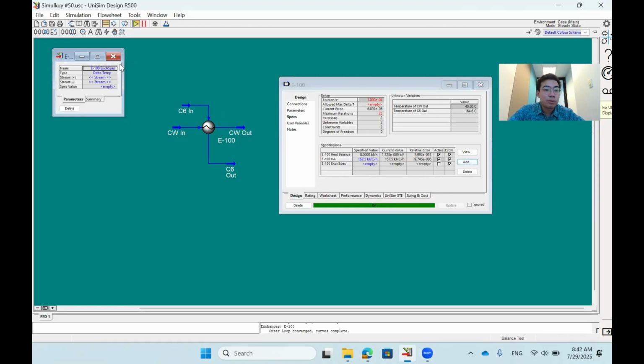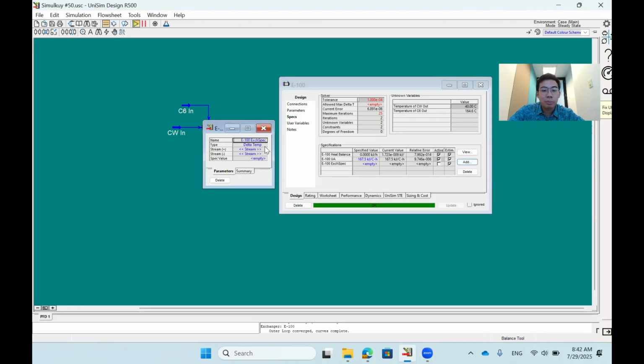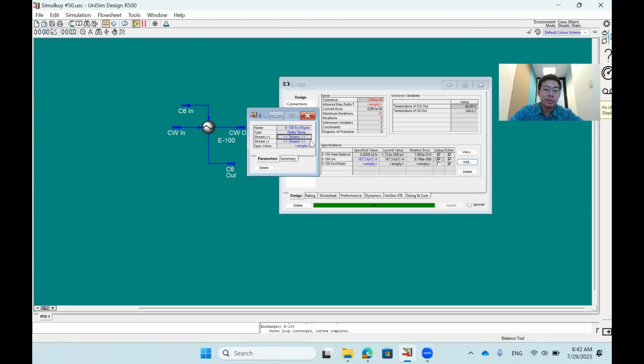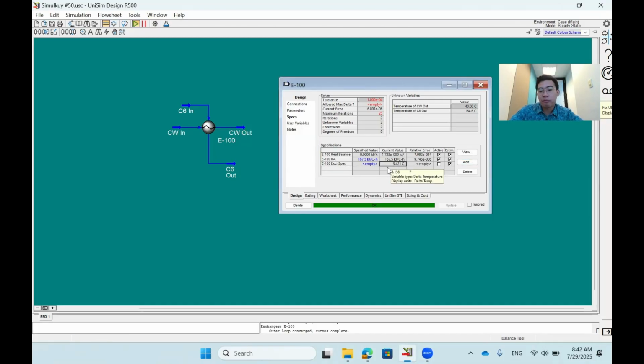Let's see, for example, the delta temperature. The positive stream is C6 in, and the negative is C6 out. So what does it mean? C6 in minus C6 out. C6 in is the largest temperature. Currently our delta T is 3.4.